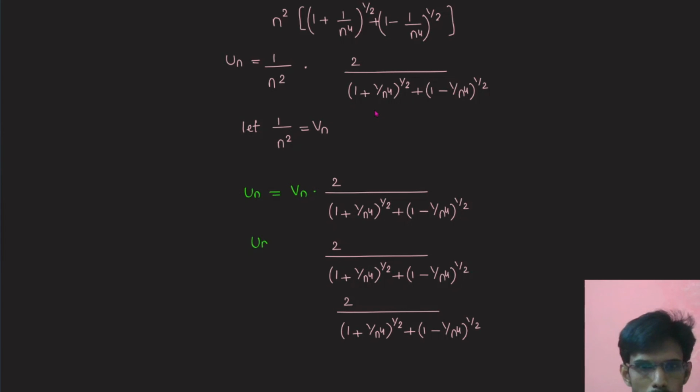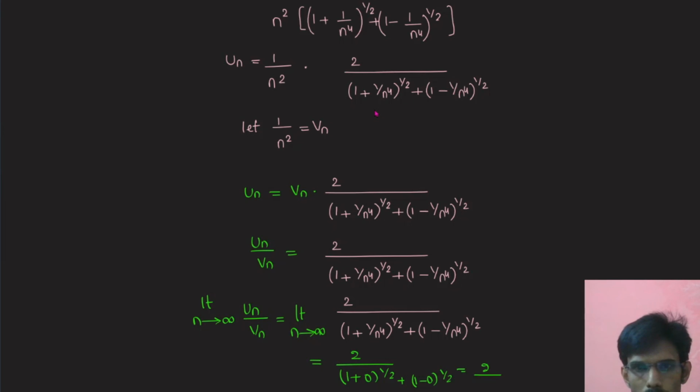Dividing both sides by Vn, we have Un by Vn equal to this term. Now apply limit n tends to infinity of Un upon Vn. When n tends to infinity, 1 by n tends to 0. So we have 2 by 1 plus 0 power 1 by 2 plus 1 minus 0 power 1 by 2. So we have 2 by 2, which is 1, that is finite.